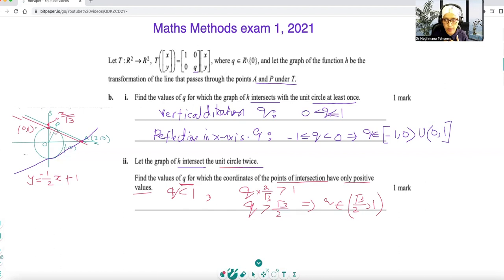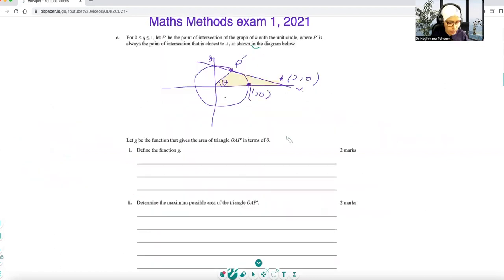Okay, so now we have the C part of the question. We say Q is between 0 and 1, and P dash is the point of intersection of H with the unit circle, where P dash is always the point of intersection closest to A. That's the thing to make sure of.